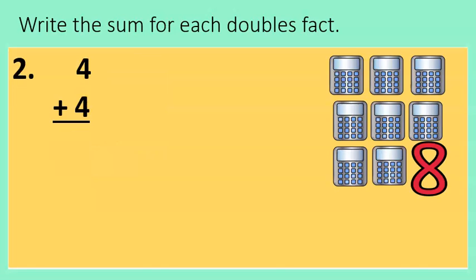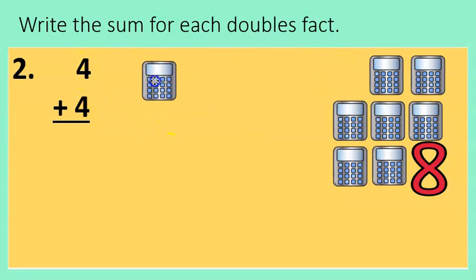Now, keep looking at your screen as we are coming to another example. Remember, doubles fact, 2 numbers have to be the same. 4 and 4, they are the same numbers. Now before we can figure this out, let's get some pictures here to see the example. Now we have 4 here.